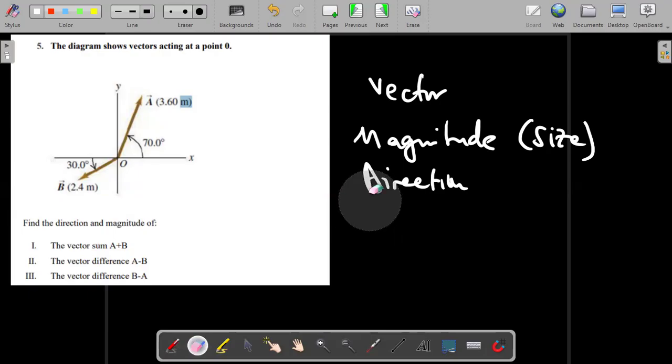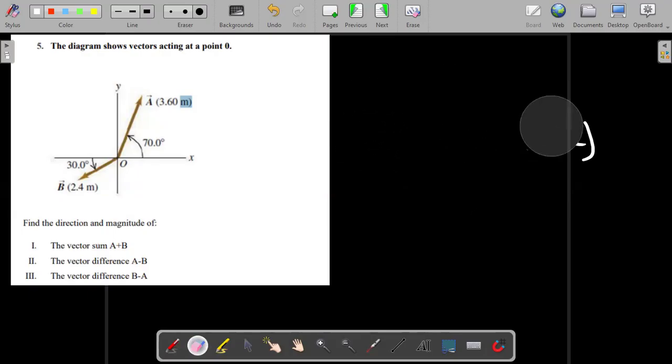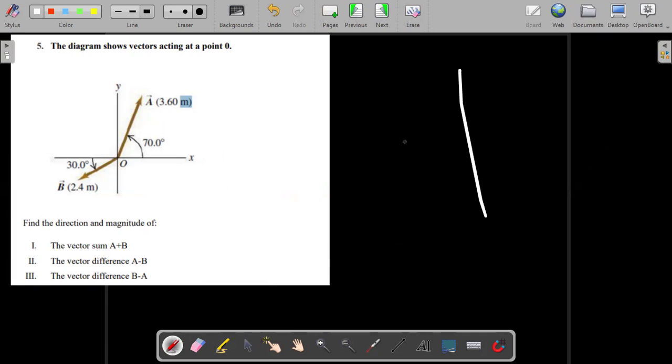Now, when we're dealing with vectors, when it comes to the addition of vectors and finding the vector difference, we do these in terms of components. So what do I mean? As you can see, you have your x-y plane, with our y-axis there and our x-axis there.